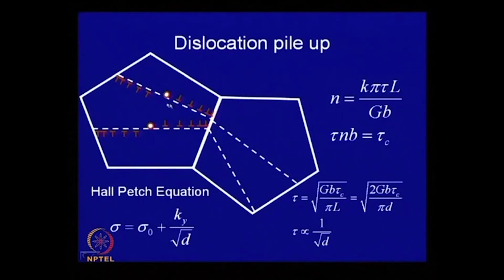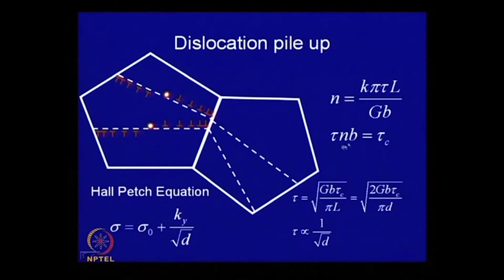We can say this is a super dislocation with a Burgers vector n b, so the force acting on it is tau n b. So the force on the dislocation at the head of the pile up is many times magnified. If there are 5 dislocations in the pile up, this will be 5 times the force applied on a single dislocation.